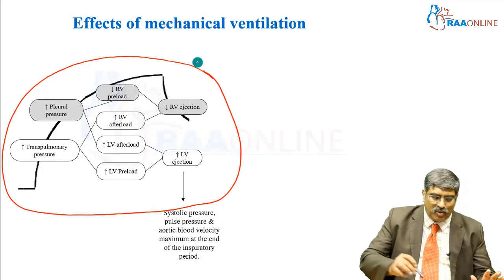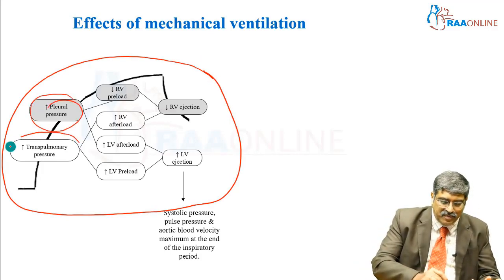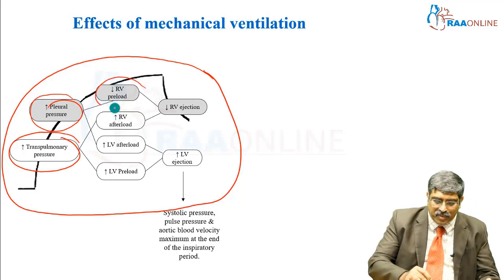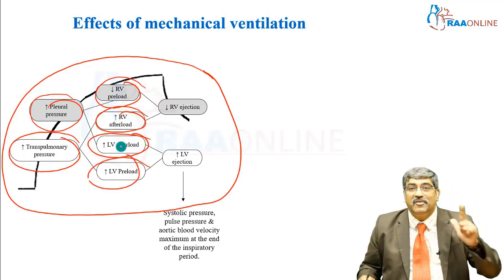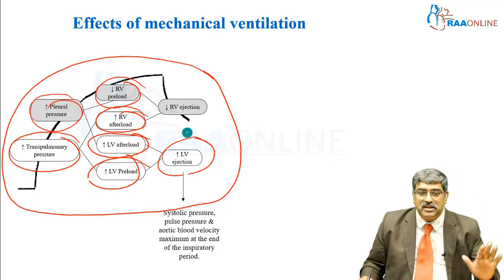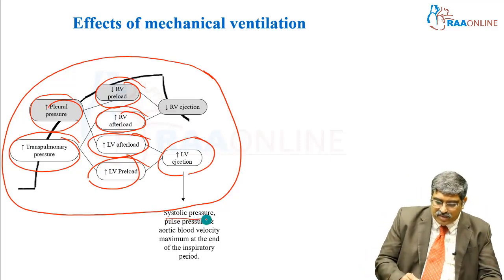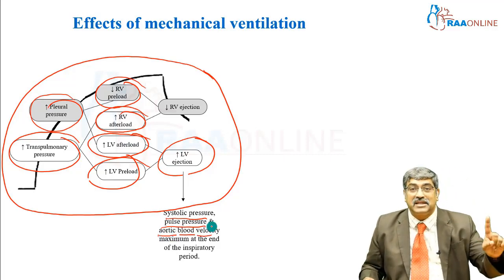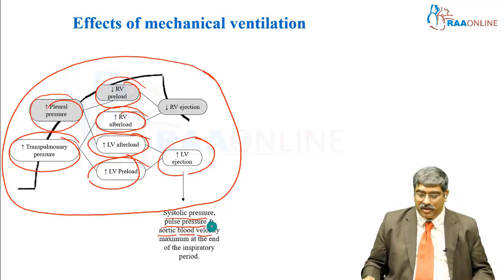Your pleural pressure is positive, transpulmonary pressure is positive, RV preload comes down, RV afterload increases, LV afterload increases, LV preload increases, your right ventricular ejection comes down, LV ejection increases. In inspiration, the systolic pressure, pulse pressure and aortic blood velocity are maximum at the end of the inspiratory period.